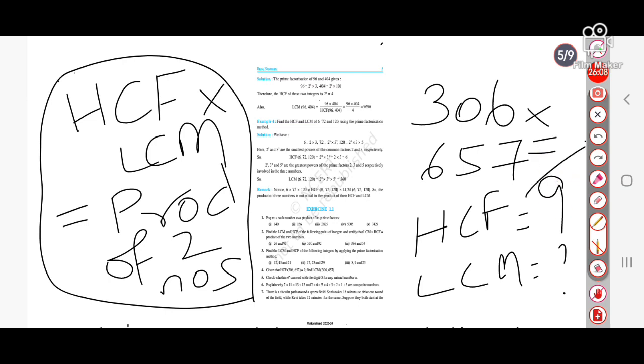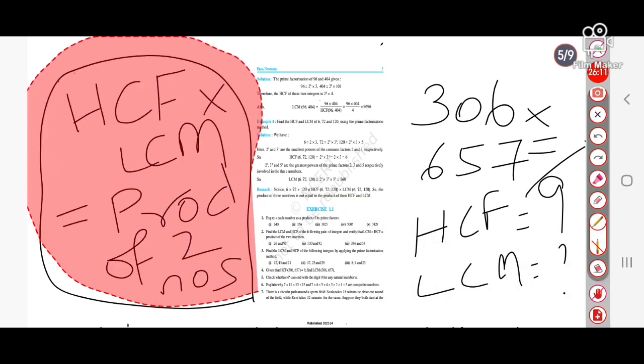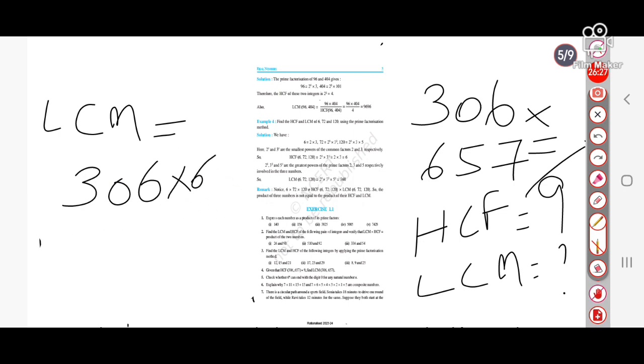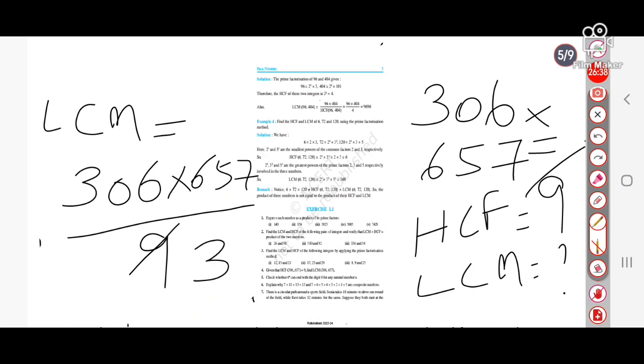So what we are going to do is, LCM is equal to 306 cross 657 divided by 9. Cancelling this with 3, we get 3, and it is 102.